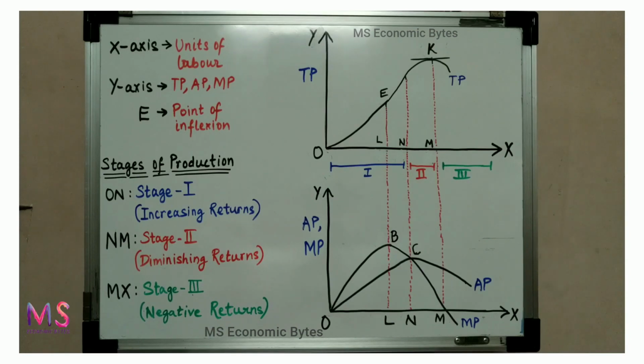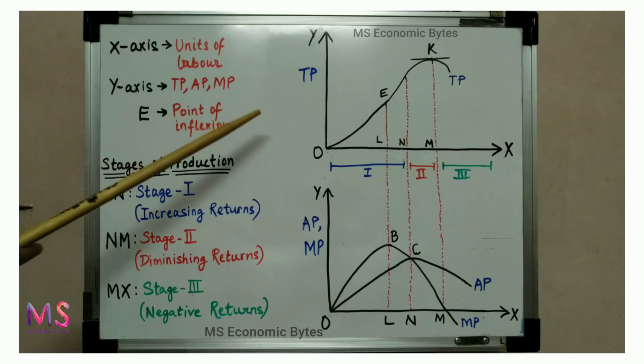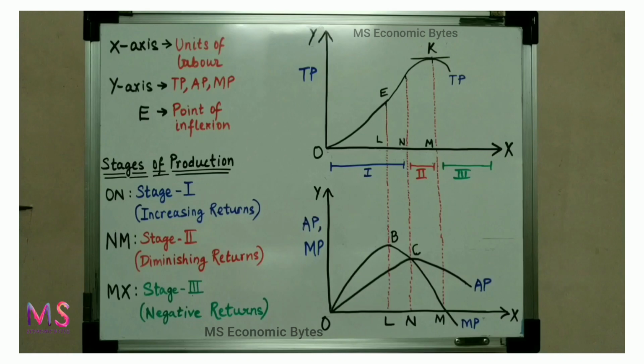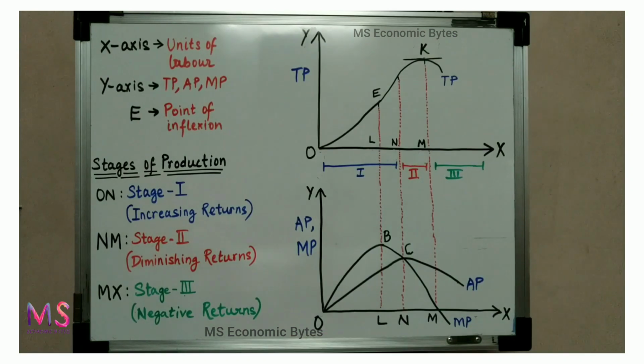All these three curves can be clubbed in one single diagram, but just to avoid any kind of clumsiness, they have been divided into two different diagrams. According to this law, the entire production process has been divided into three stages.